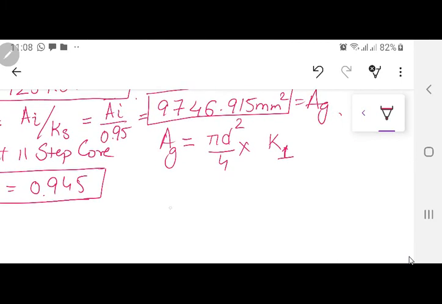Okay, now I am choosing an 11-step core, and I know my gross area is equal to pi d square by 4 multiplied by 0.945.